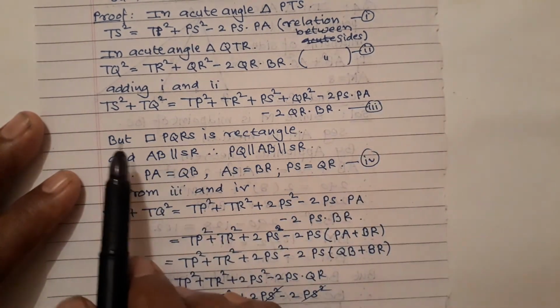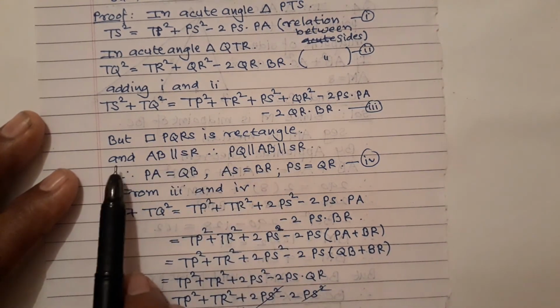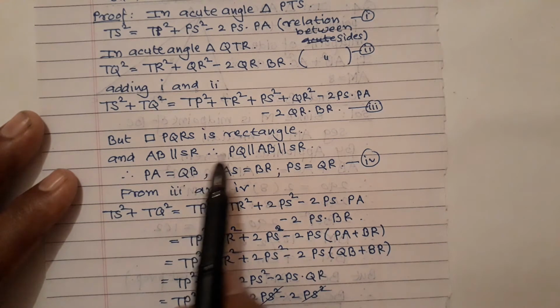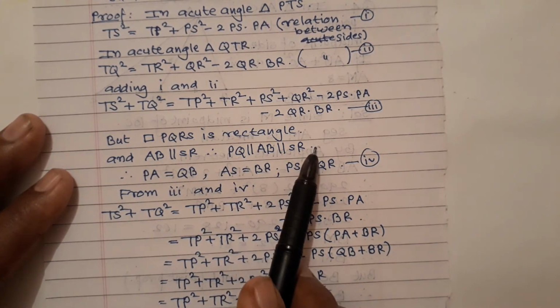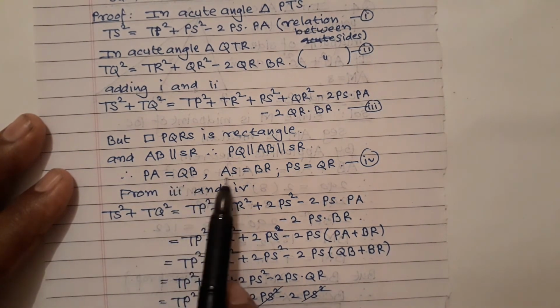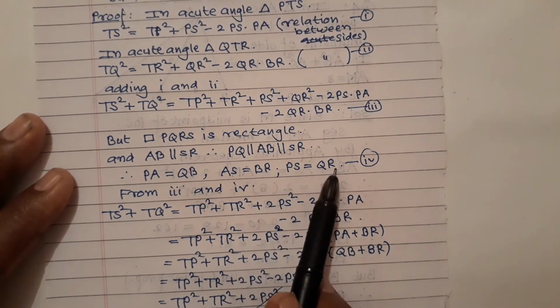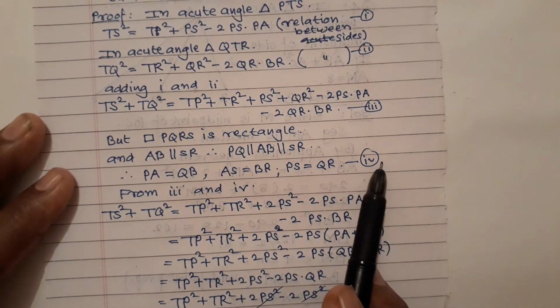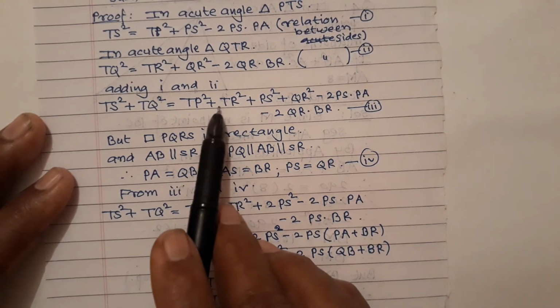Statement number 3: quadrilateral PQRS is a rectangle and AB parallel to SR, therefore PQ parallel to AB parallel to SR, and therefore PA is equal to QB, AS is equal to BR, and PS is equal to QR. PS and QR are opposite sides, equal. Statement number 4.